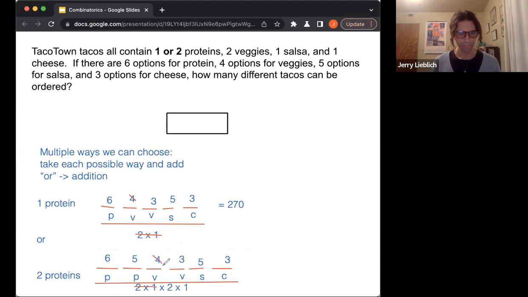So I can eliminate 4. I can eliminate this down to a 3. And then multiply again. 3 by 5 by 3 by 5 by 3 gives me 675. Oh, I think somebody's saying I got my number wrong here.